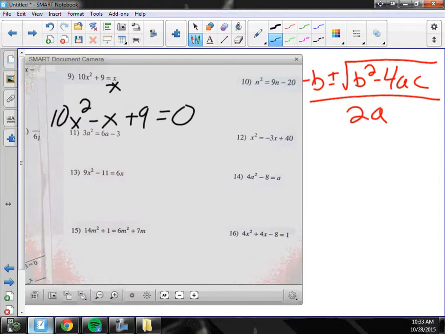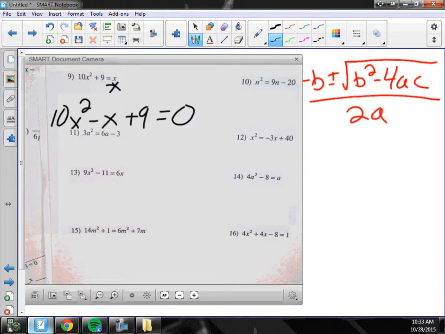Should I divide by 10? No, it doesn't work, and we're not completing the square, so we're not going to divide by 10. You have to put it in the correct ABC order. A is always the x squared, B is always the x, and C is always the one that doesn't have an x.